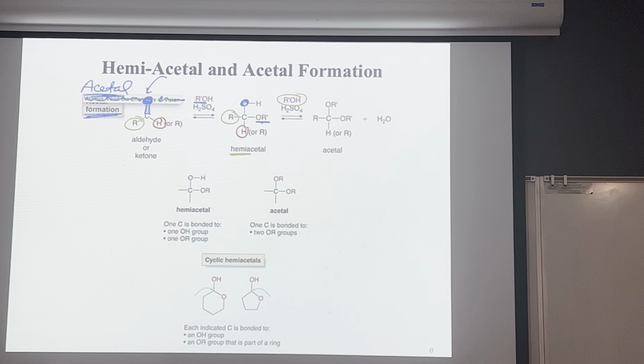Okay. So what is the general hemiacetal look like? It's right there. And what does a general acetal look like? Right there. Are we all right with that, folks? Okay. You can also have cyclic hemiacetals, and whenever we have a cyclic structure, it always freaks us out.